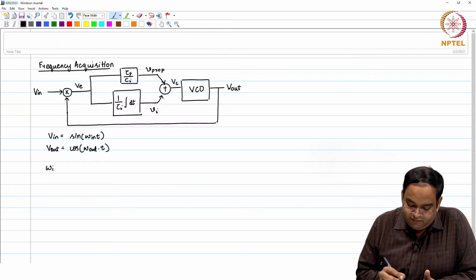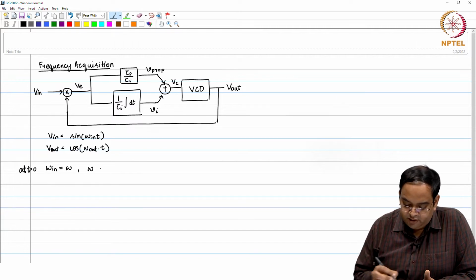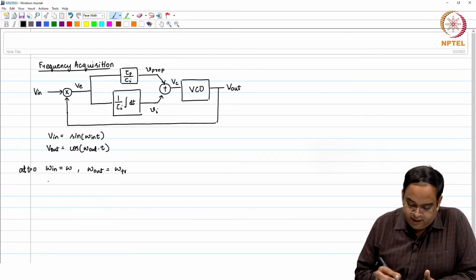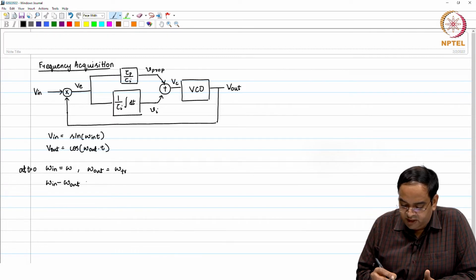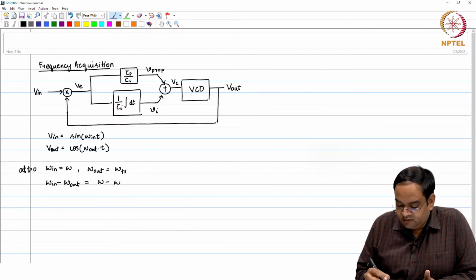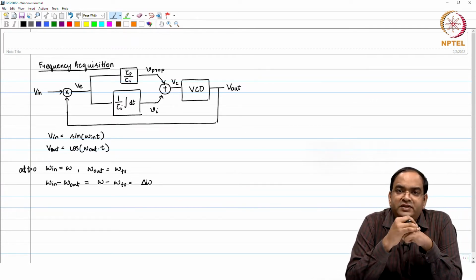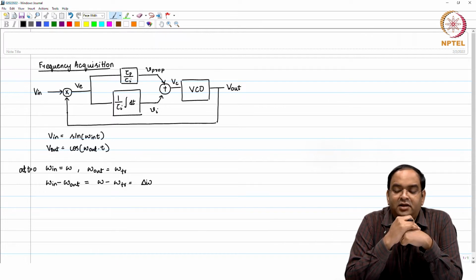Omega in is equal to omega at time t equal to 0 and omega out is equal to omega free, and this frequency error at the beginning, omega in minus omega out, which is omega minus omega free, is delta omega at time instant t equal to 0. When this frequency error is large, then type 1 PLL was unable to acquire the frequency.